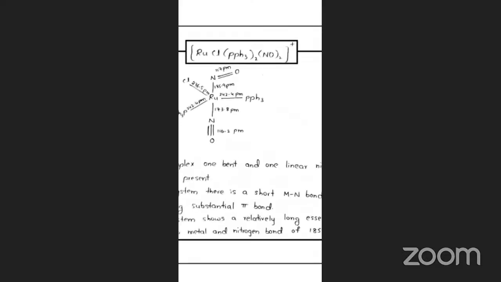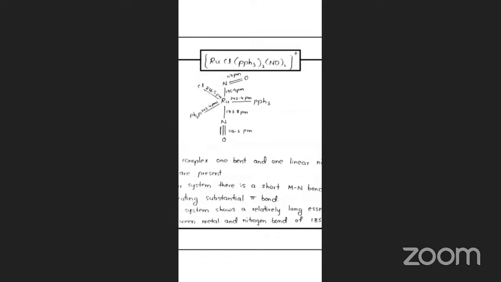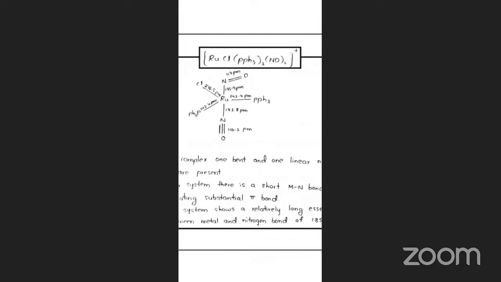Like that, the ruthenium Cl PPh3 NO2 plus. Here also, it is the same: a 135 degree angle is there.